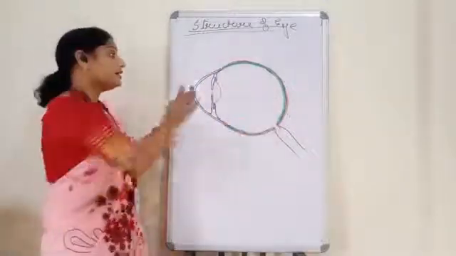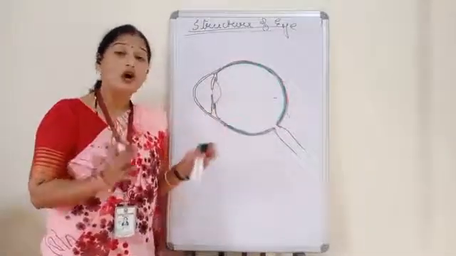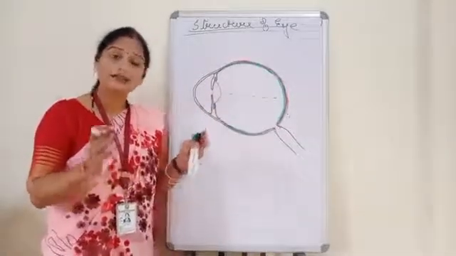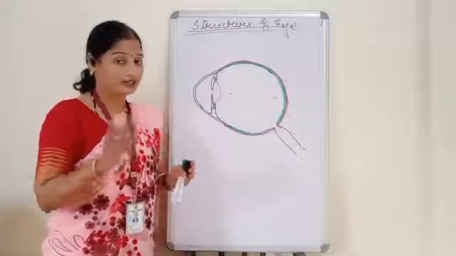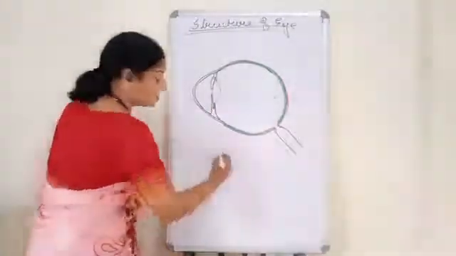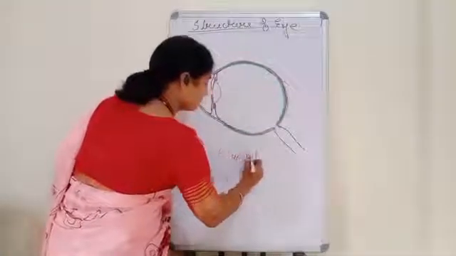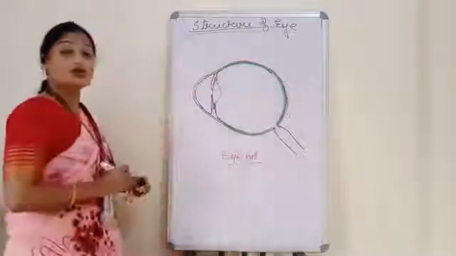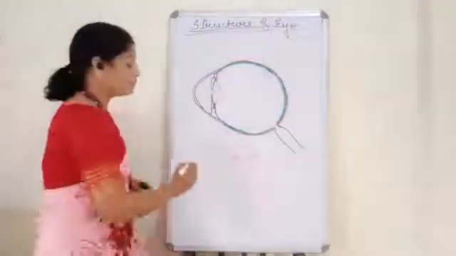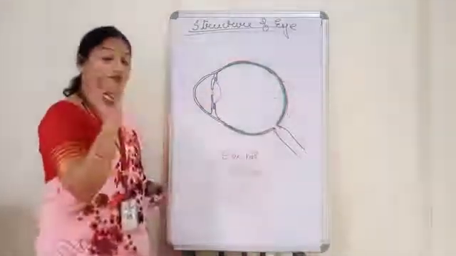The whole eye lies in an orbit, the eye orbit, that is, the ball socket. Now, this is the eyeball. The diameter of the eyeball is about 2.5 centimeters, of this much size.